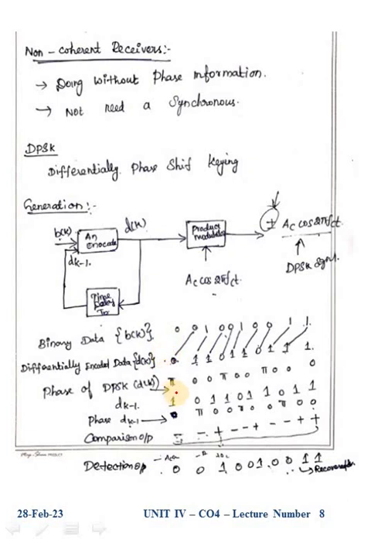Here both are same, so pi. Here it is different, 0, and here different, 0, same, pi. Here different, 0, 0, and here same, pi. This is how we find the phase of DPSK.